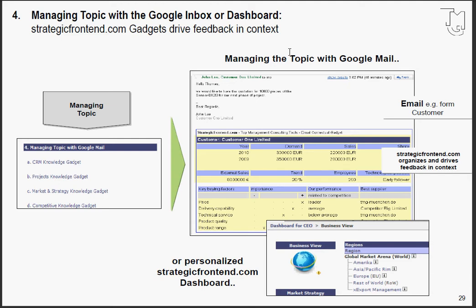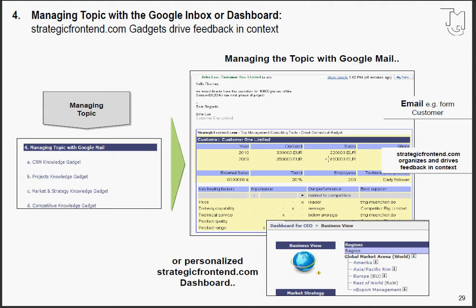So in daily business, if a topic appears in the email, you immediately get all the relevant context information of strategic front-end on this email. It means, and this is, I think, a big advantage of email functionality, that you don't need to go into another system, but you have all information at hand to make an immediate decision based on email.